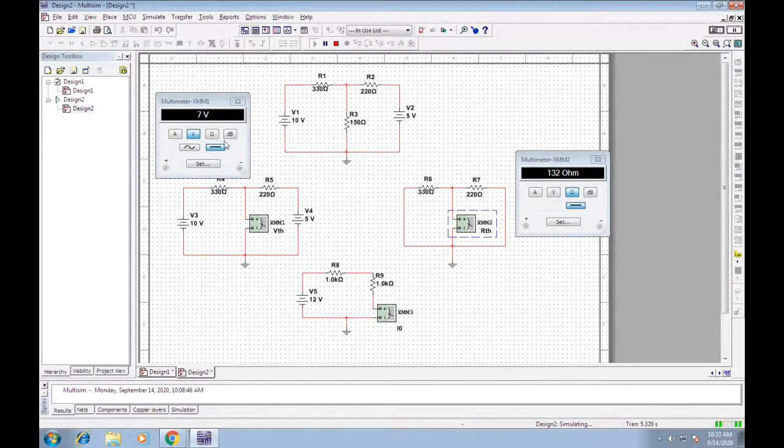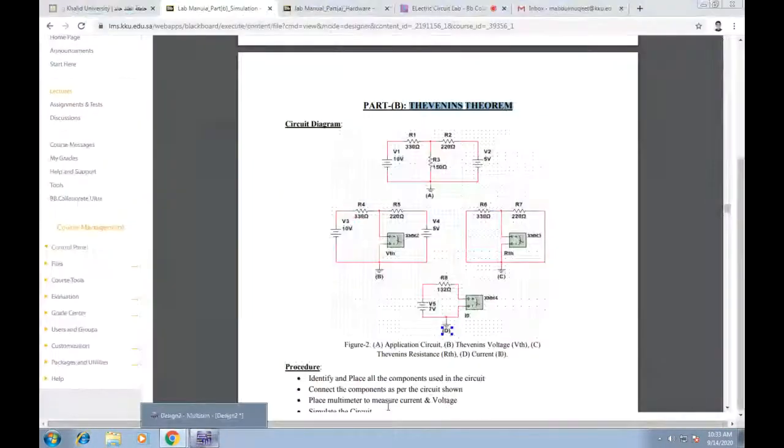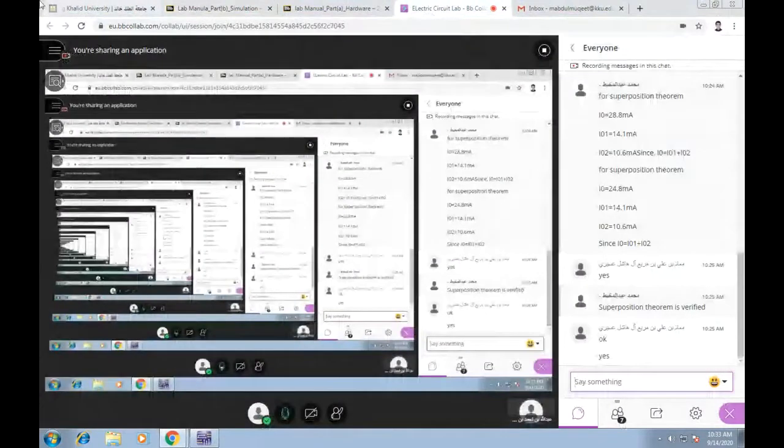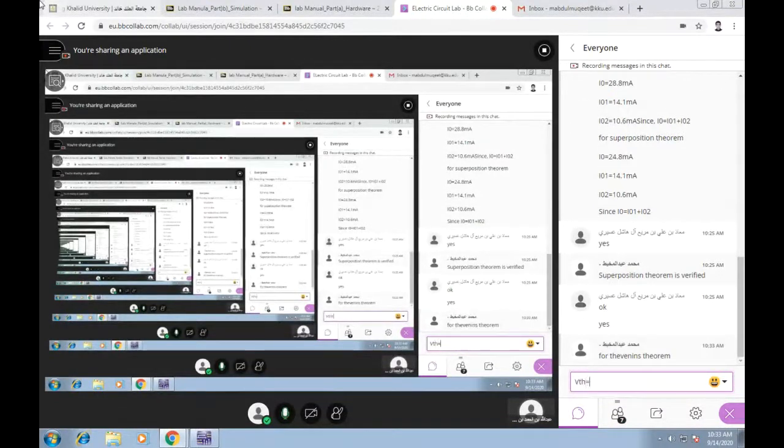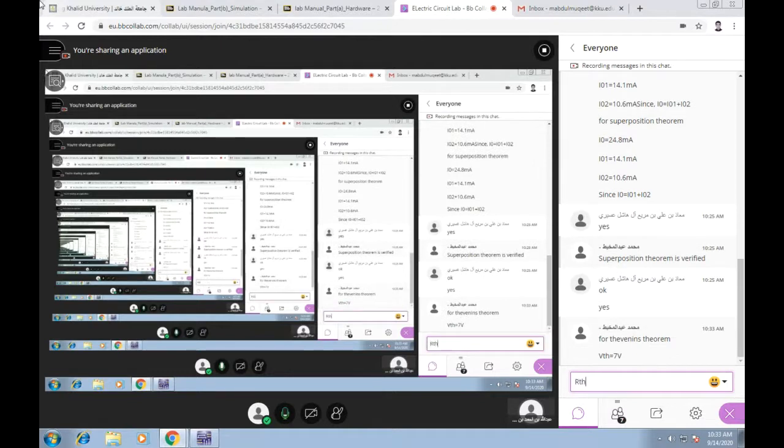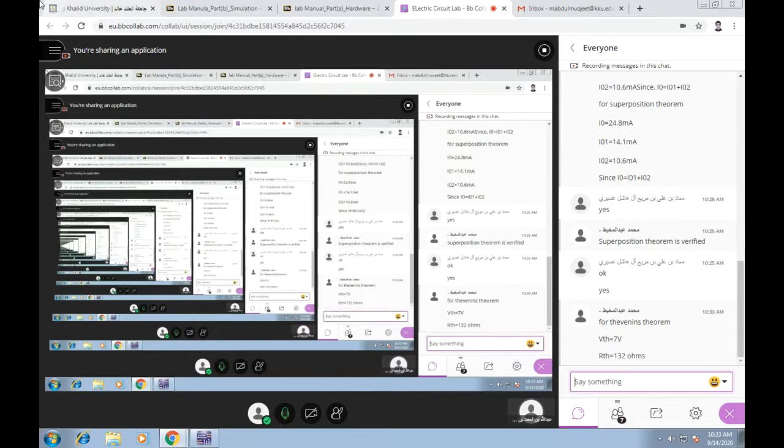This is VThevenin. What is the resistance you are getting? 132. So let me write it here. For Thevenin's theorem, we are getting VThevenin as 7 volt, and RThevenin as 132 ohms.